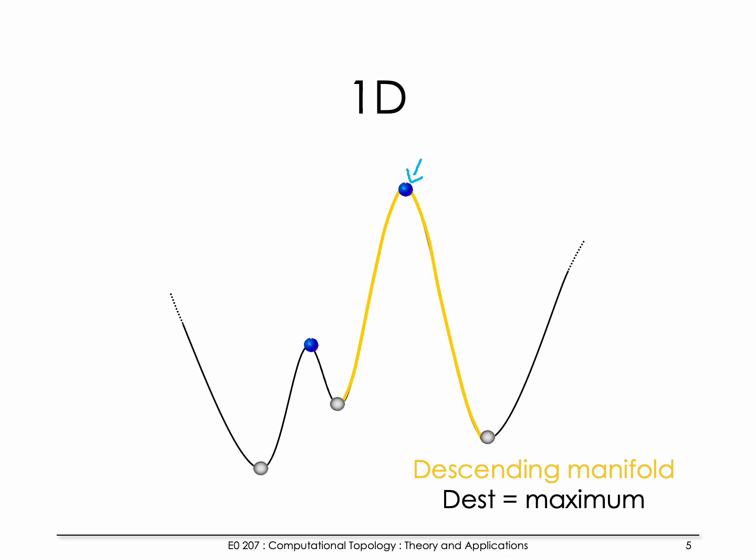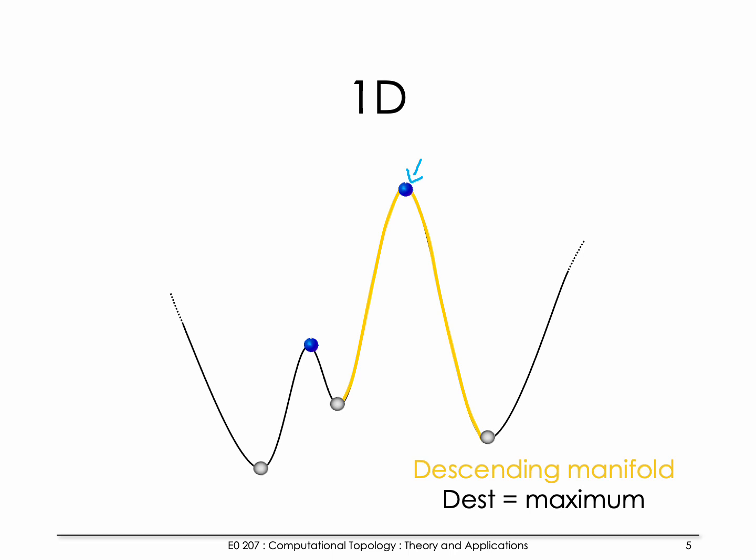We call this the descending manifold. You can quickly see that these descending manifolds represent the various mountains in your domain. Each maximum has its own mountain. Similarly, as we saw earlier, each minimum had its own representation of the valley that is represented by that minimum.